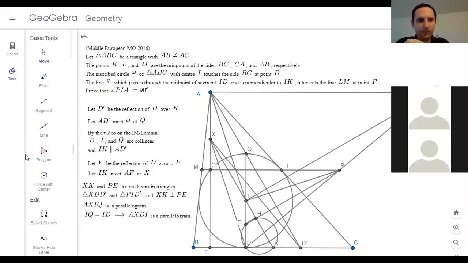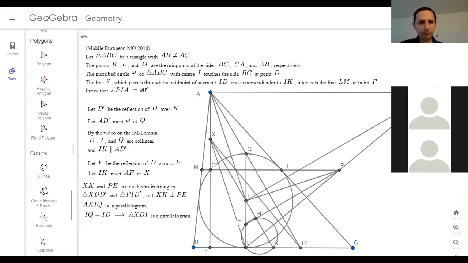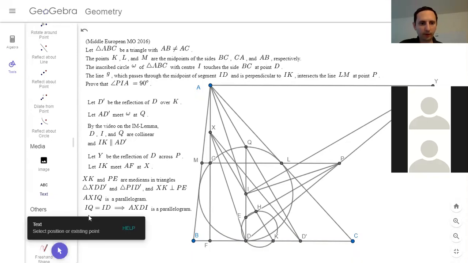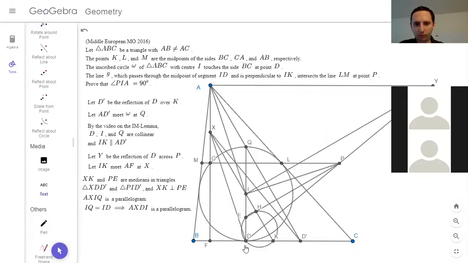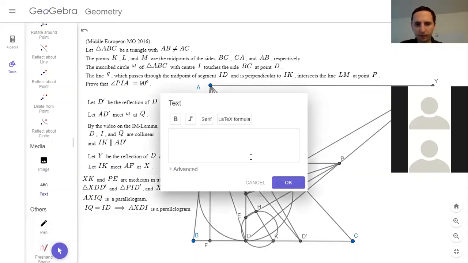Okay, so I'm going to delete some extras. So DI is IQ and DP is PY. That means that YQ is parallel to IP.